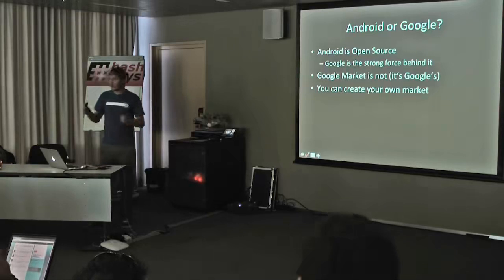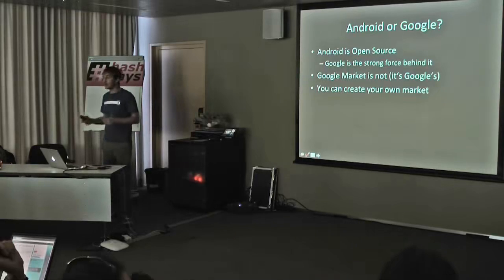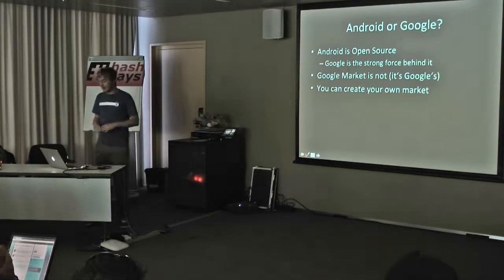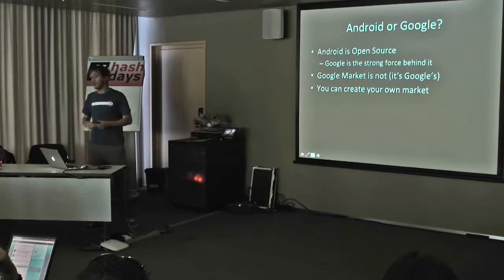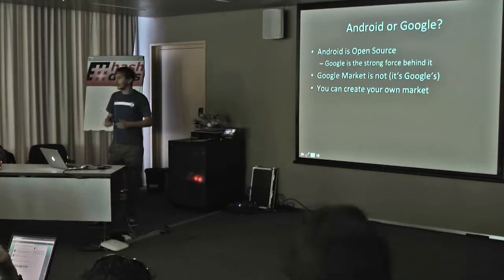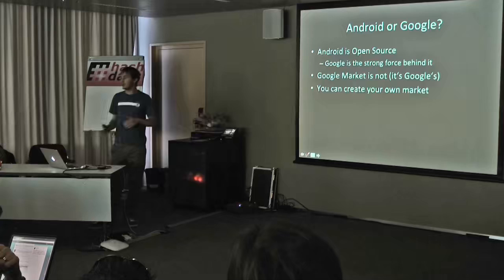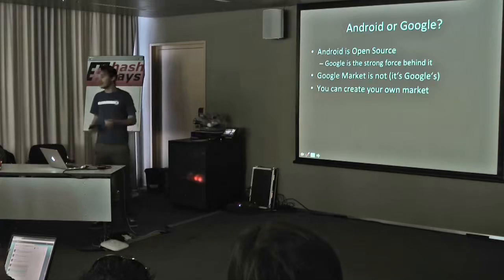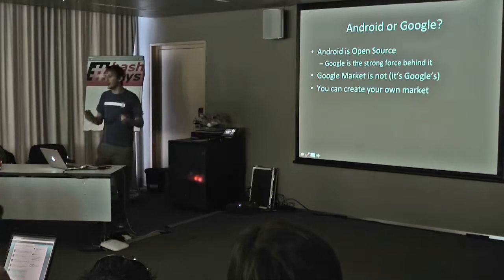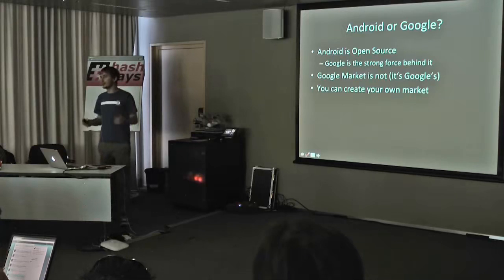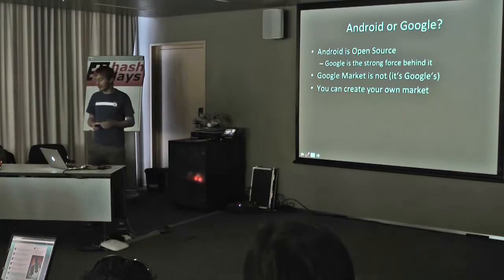The Google market itself, where you get the apps from, is controlled by Google. And you can create your own market. But basically, if you buy an Android phone these days, the Google market is always installed, so all the people will use that. So it's still, the Android field is more or less owned by Google.